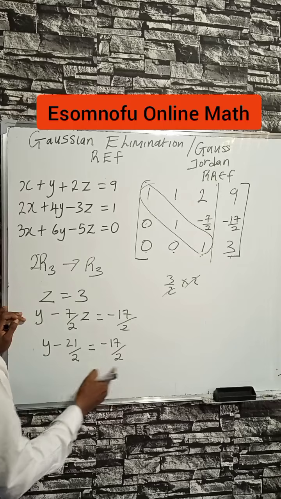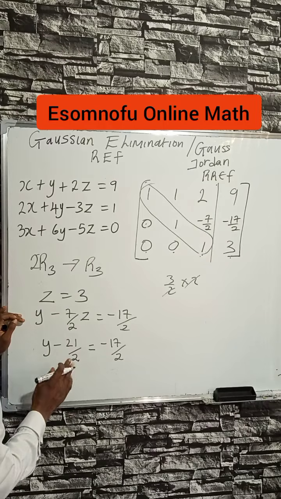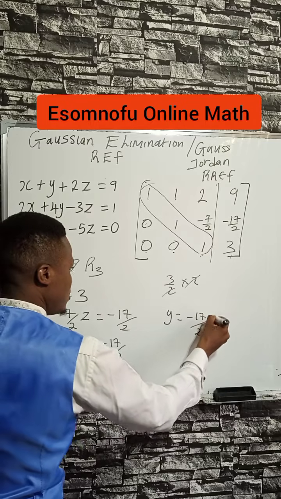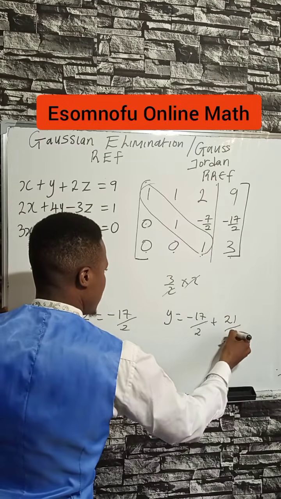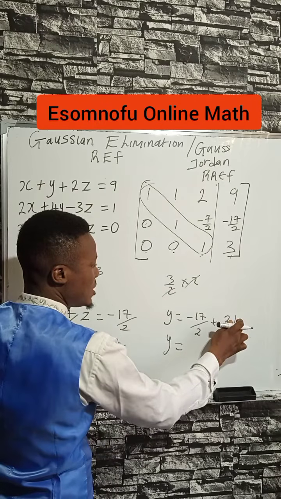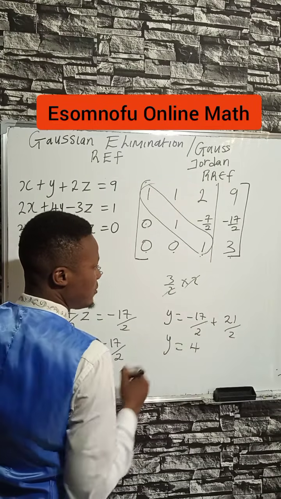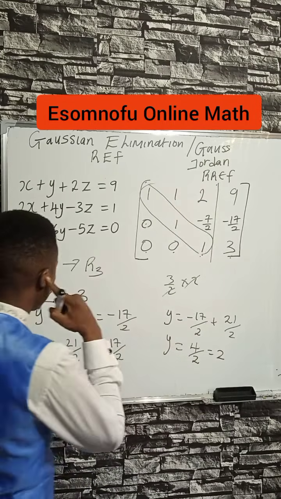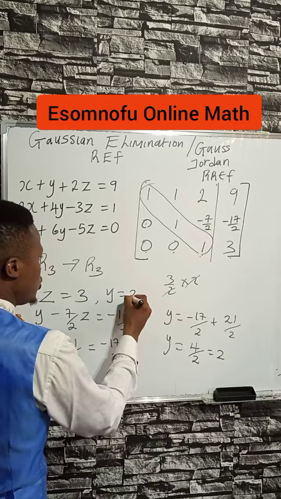This minus will come here and become a plus. So y is the same thing as minus 17 over 2 plus 21 over 2. Now they have the same denominator. Minus 17 plus 21 will give us 4, and 4 divided by 2 will give us 2. So our y is 2.